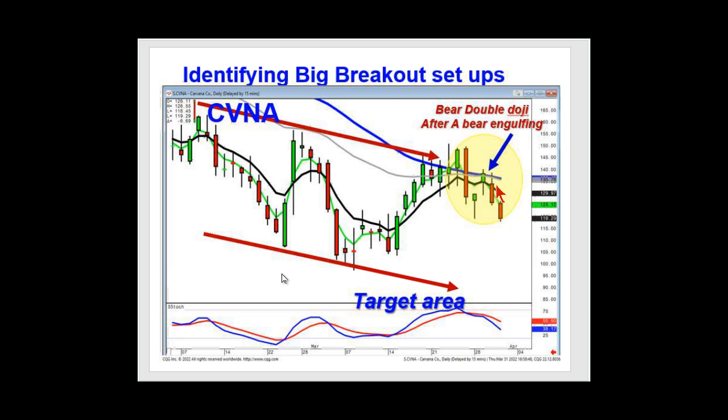And then yesterday, it gapped down and opened at the previous day's open and then started trading lower. When they're gapping down below the previous day's open, that's a good sign that the bears are in control. So we got a sell signal, we got stochastics rolling over, we're in a downtrend, it fails right at the 50. Where do you think the next target is? Probably the bottom of the trend channel.